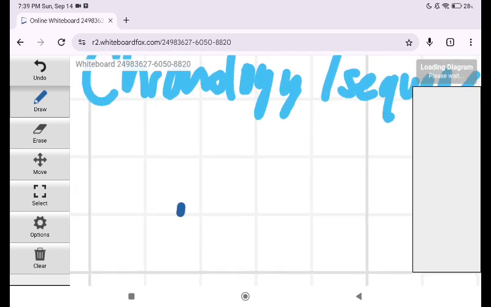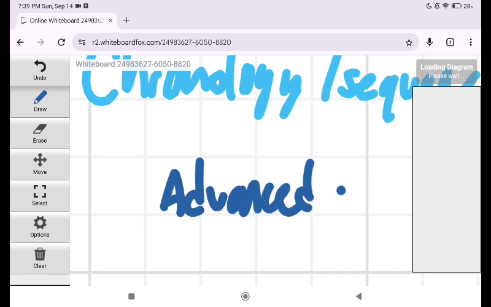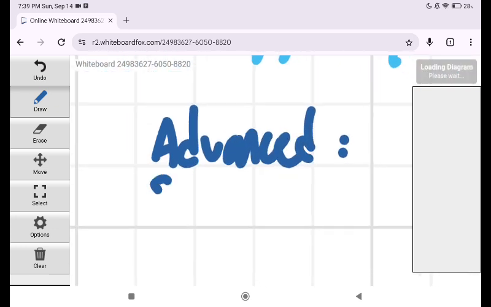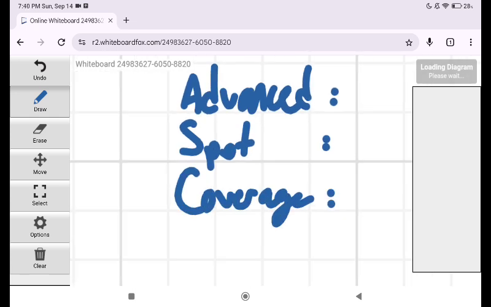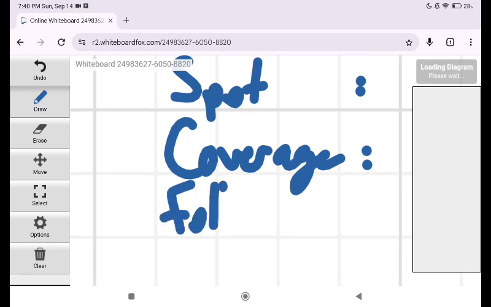So advanced, spot, coverage, and follow-up.